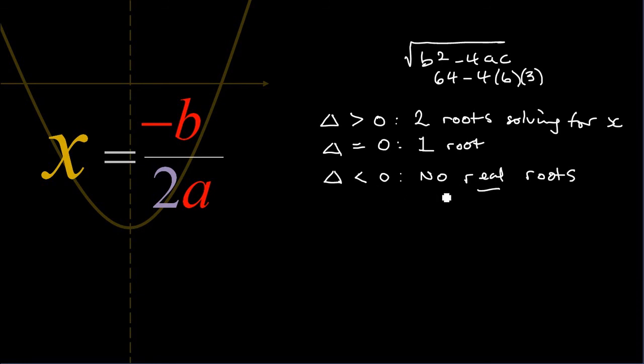But usually when we're talking about the real numbers, where all we're doing is working with the real numbers on both of those axes, then there's no solution to that situation. So if the discriminant is less than 0, no real roots, we can't solve for x.